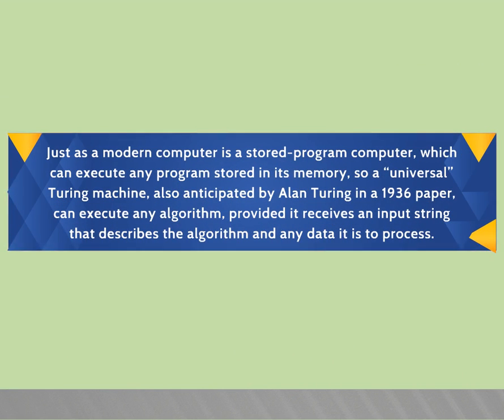Just as a modern computer is a stored-program computer which can execute any program stored in its memory, so a universal Turing machine, also anticipated by Alan Turing in a 1936 paper, can execute any algorithm provided it receives an input string that describes the algorithm and any data it is to process.